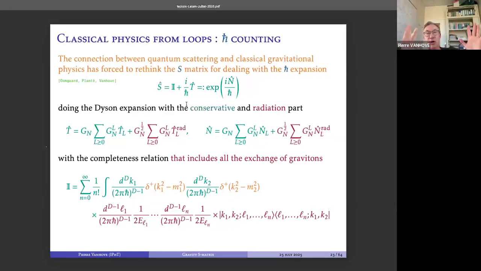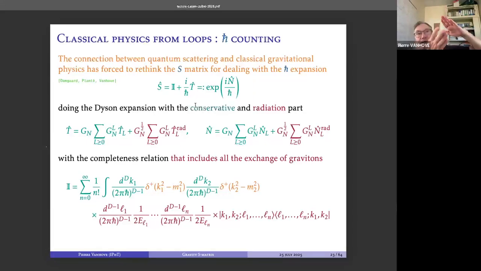When you sum all these graphs to all orders, you realize that this is an exponentiation of just the single photon exchange. So it's natural, when you sum many orders in perturbation theory in quantum field theory, to have an exponentiation of some graph, because this exponentiation gives you a quantity which is related to the scattering.